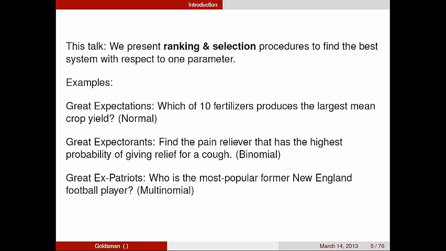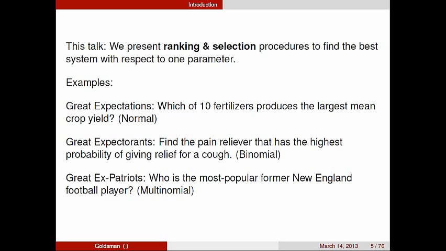So I'll give you a couple examples related to the distributions that we had before. So it might be a little esoteric to find the normal distribution that has the largest mean. Well, maybe not. What if I'm interested in finding which of 10 fertilizers produces the largest mean crop yield? That's a normal distribution because crop yield is typically normal. So I always call that great expectations.